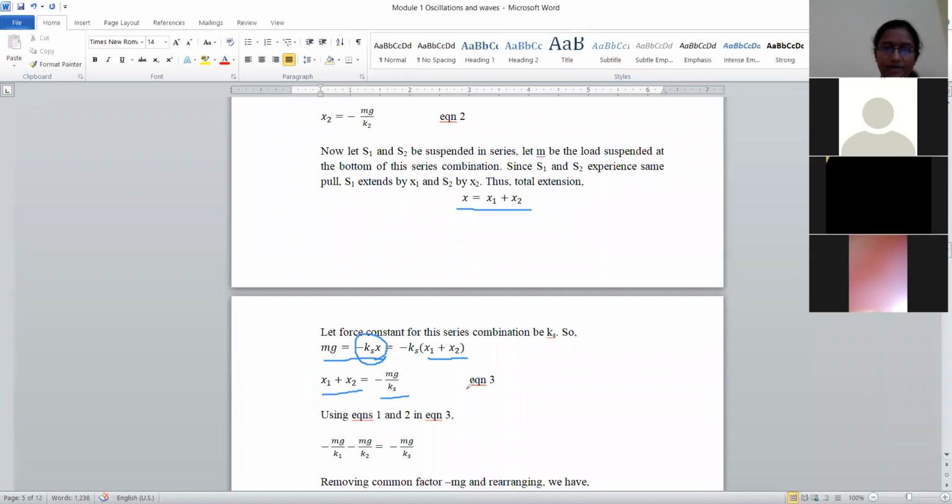Call this equation 3. So in equation 3, substitute for X1 by equation 1 and for X2 by equation 2. So that will be minus mg by K1 minus mg by K2 is equal to minus mg by Ks.